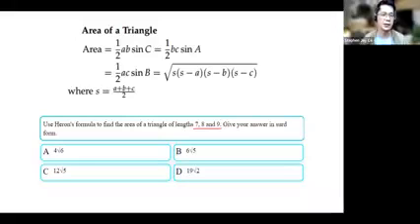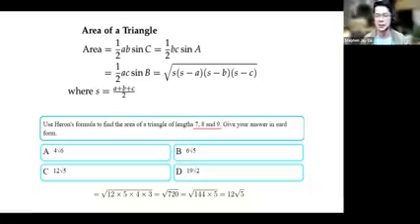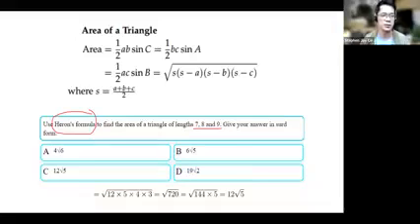So that is 12 times (12 minus 7), (12 minus 8), and (12 minus 9). That is 12 times 5 times 4 times 3. So the answer is 12 square root of 5. Again, this is Heron's formula. If you do not know Heron's formula, you will not be able to answer questions like these.